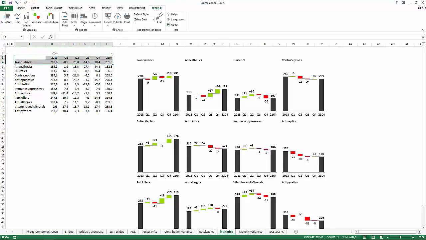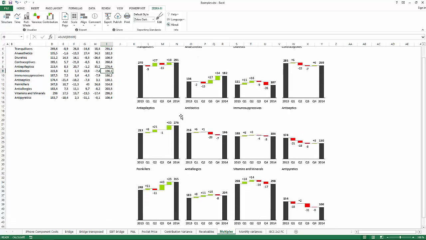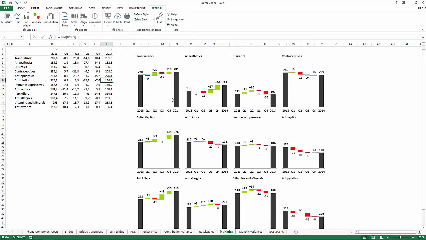For the waterfall chart, the only thing that I added here is the equal sign and equal sign here. Oh, sorry, this is 2014. And that's it. And now if you add more elements here, so you see tranquilizers and so on, 12 markets, Zebra BI will detect this, and this is how you get the multiples. So now you have 12 charts.